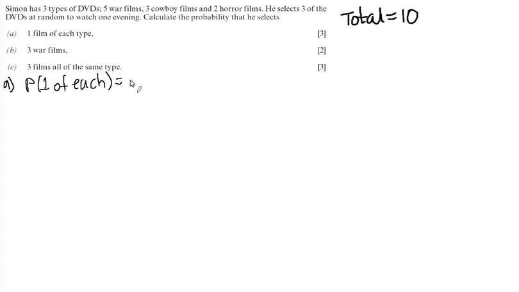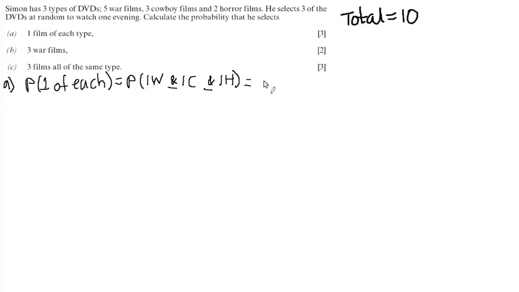So what we're saying here is the probability of 1 war and 1 cowboy and 1 horror. The important part here is the fact that I'm saying and.